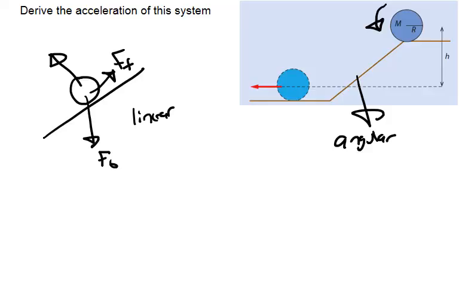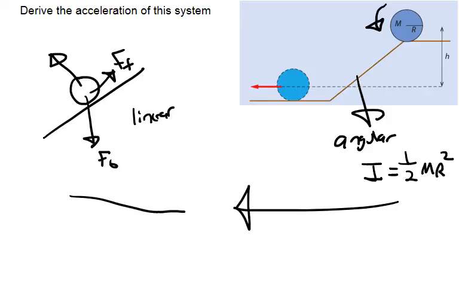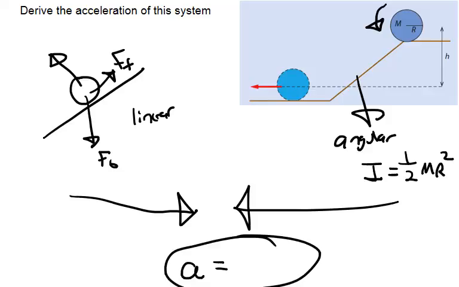And then the moment of inertia for a cylinder is 1/2 mr squared. And then you're going to bring the two together. And when you bring the two together, you want the acceleration of the system. What is the acceleration of the system? So yeah, go ahead and pause the clip and try to do this without looking at the last one. And when you're ready to check, you can hit play to continue.